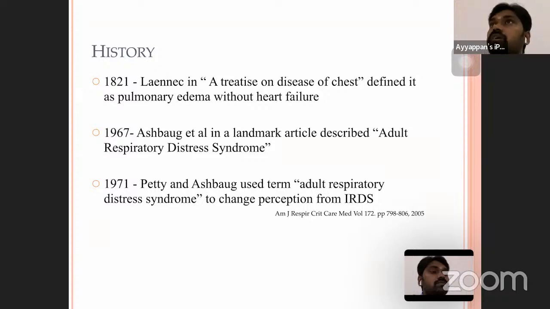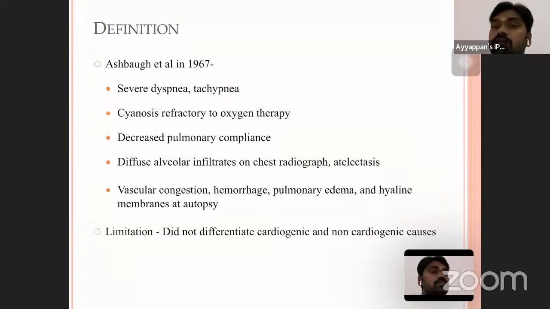That was because of surfactant deficiency, but the pathogenesis of adult respiratory distress syndrome was multifactorial. Eventually, because the respiratory distress syndrome which occurred in adults was also seen in the pediatric population, the name was changed to acute respiratory distress syndrome.